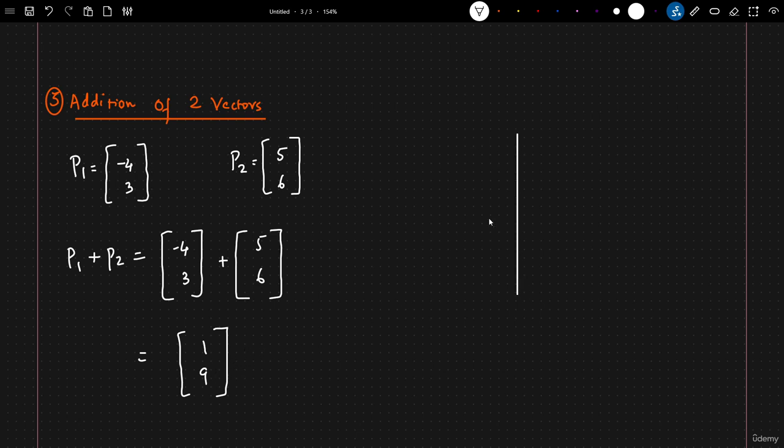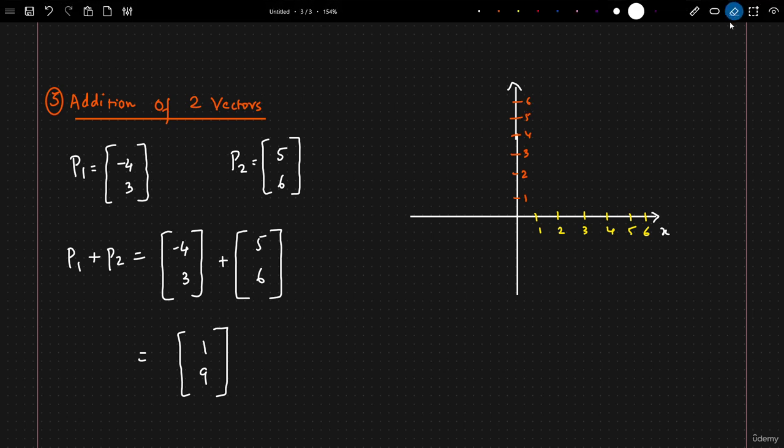Since this is 2 dimensions, I'm just going to make this coordinate system of x and y. So here I have 1, 2, 3, 4, 5, 6. Now in y I have to go till 9, so let me keep this line longer, and here I'm just going to write 1, 2, 3, 4, 6.